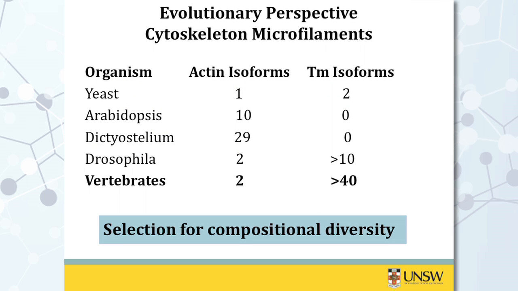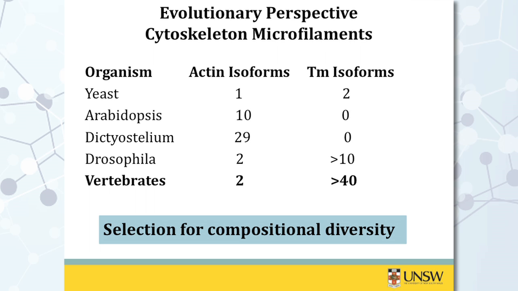Well, if you think about the evolution of the architecture of cells, and you go way back in time to yeast, then you look at plants, if you look at the slime mold, dictyostelium, if you look at the flies, if you look at humans, what you notice is that evolution has made two types of decisions. In the case of all organisms, they all make actin.